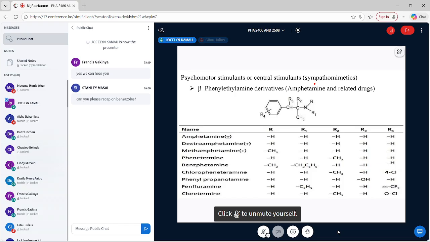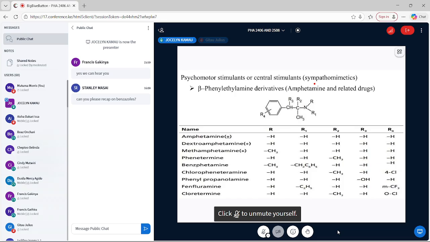Some of these compounds are used as anorexiants, and depending on the structure, the drug could either be an anorexiant or a stimulant. That we'll discuss much later.